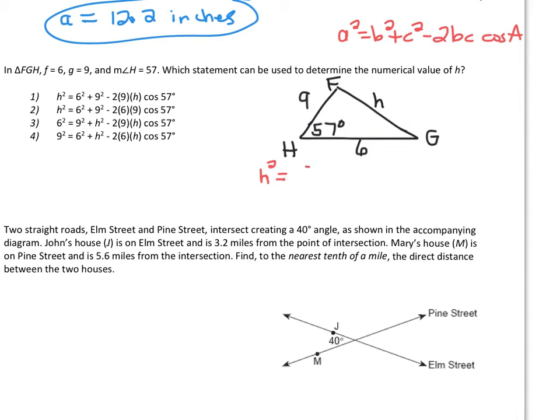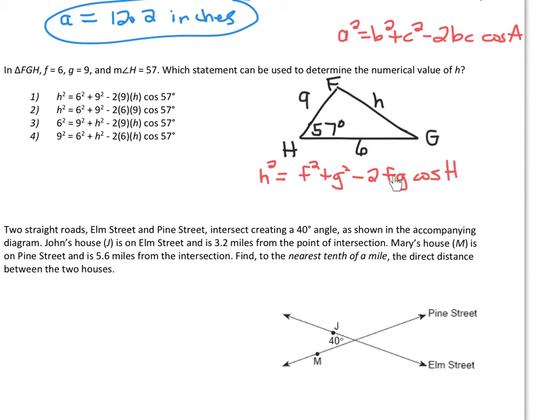So I'm going to do H squared equals F squared plus G squared, and then minus 2 times F times G times cosine of angle H. Okay, so again, if you look at the original form, whatever angle we're working with is the side that has to go on the left-hand side of the equation. And then the other two sides, it doesn't matter whether you write F squared plus G squared or G squared plus F squared. It's the same thing. And those two variables also go right here.